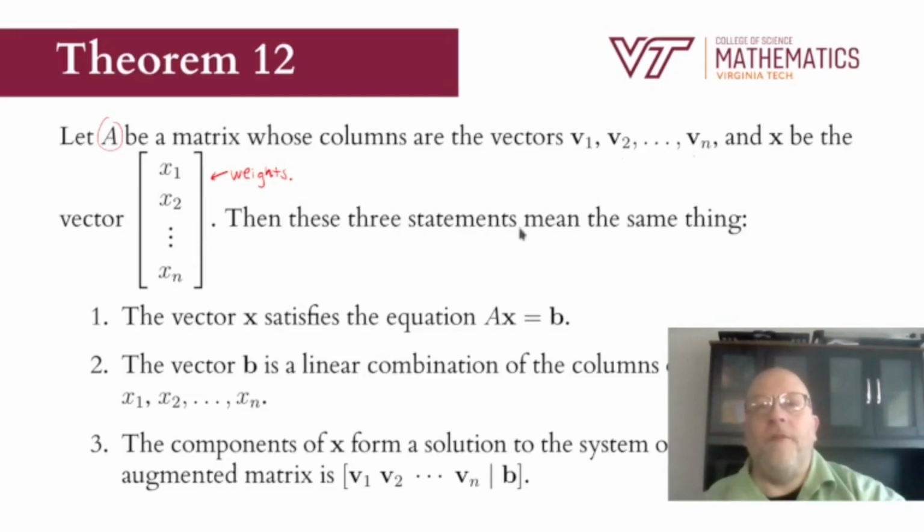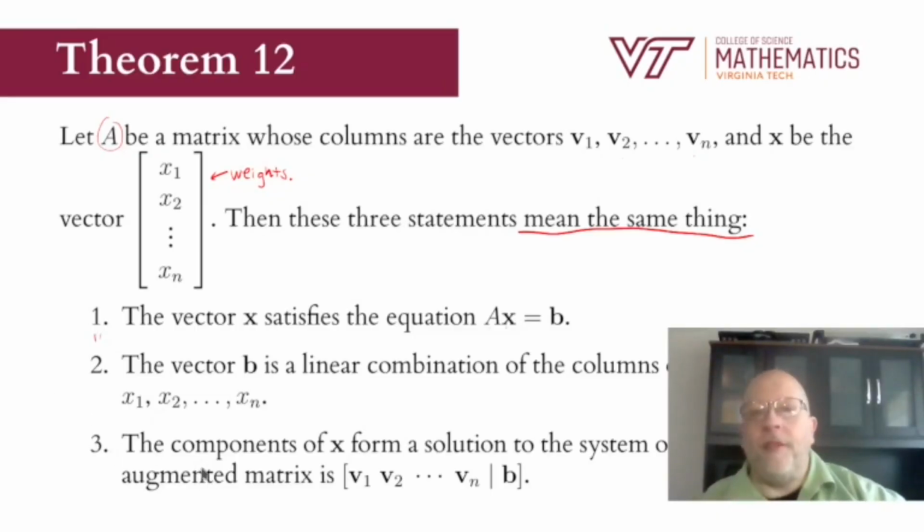These 3 statements all mean the same thing. They're just different ways of expressing the same idea. X is a solution to AX equals B. That is, when I apply X as the weights to A, B is the result that I get. So number 2 says that B is a linear combination of the columns of A using X1 through Xn as the weights. Those 2 things mean the same thing.